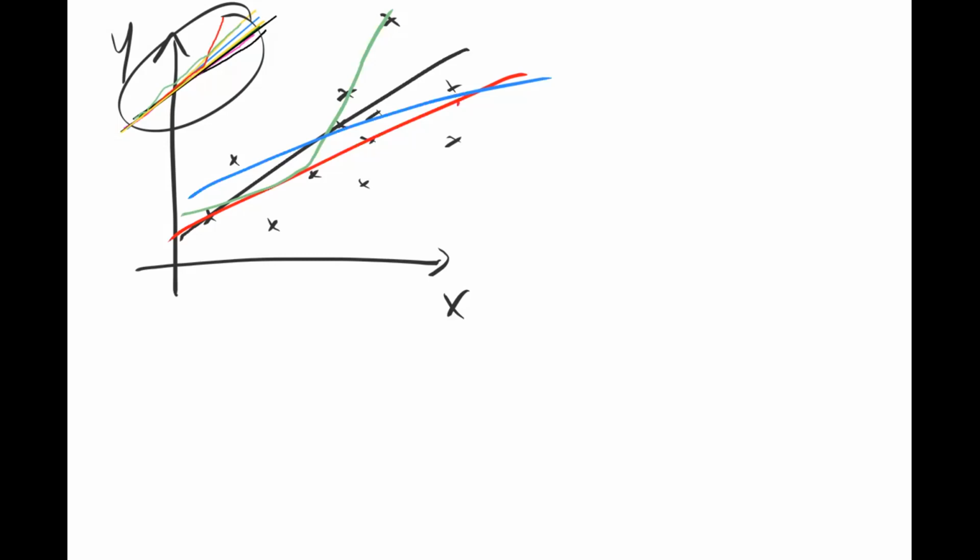I can take the difference between my line and each of these points. Okay. And I can compare that against the difference between each of these points and my blue line, right?